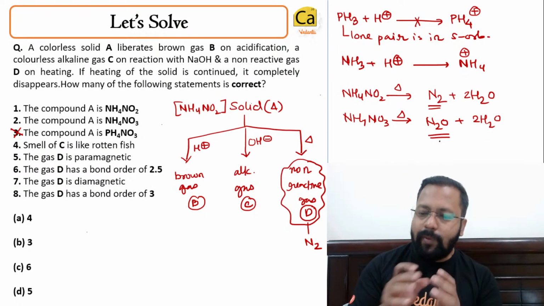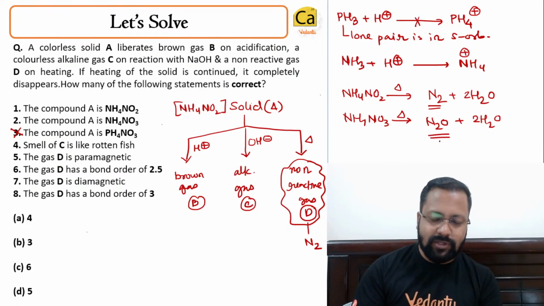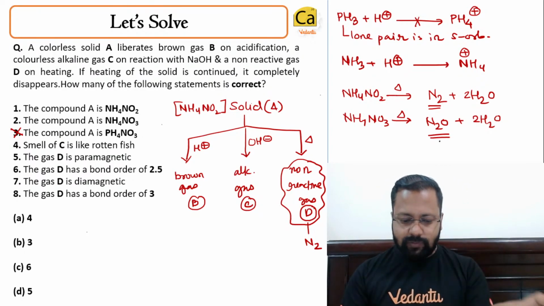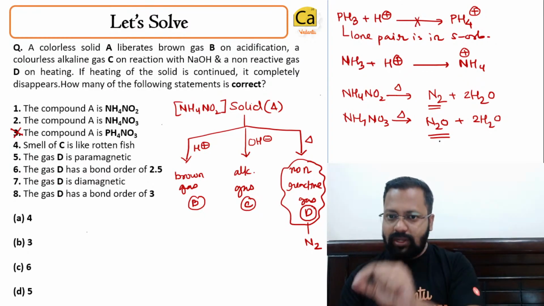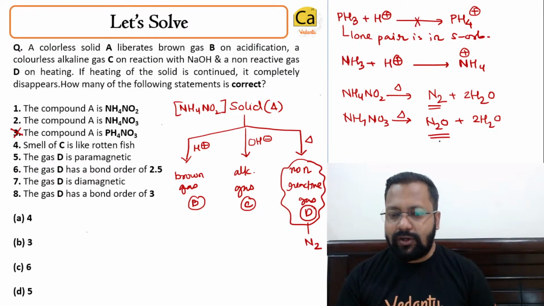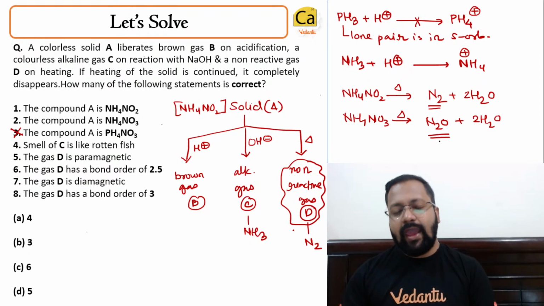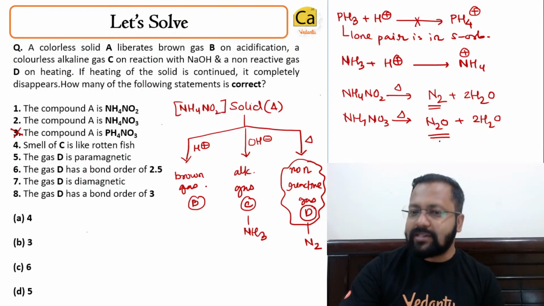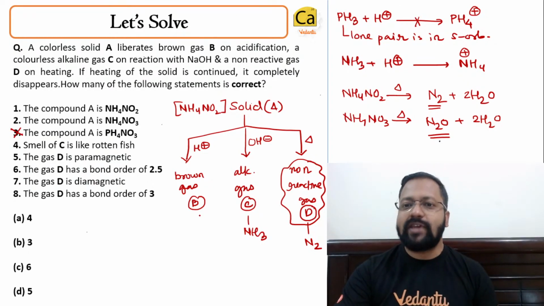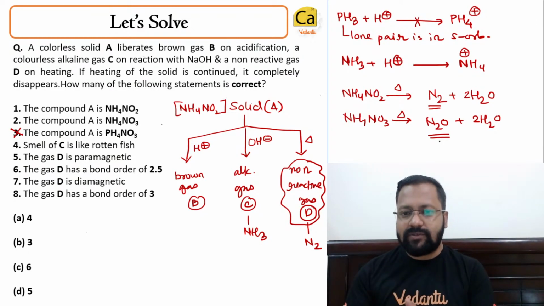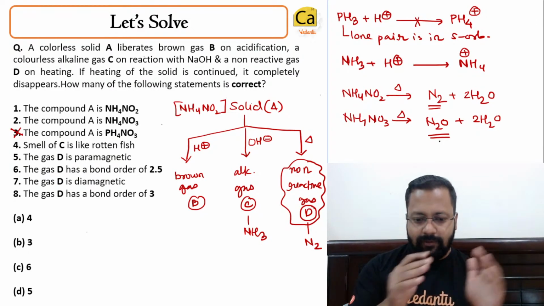Now the moment any ammonium containing substance is treated with OH minus, then OH minus removes H plus from ammonium and converts it into NH3. So alkaline gas is NH3. और H plus डाल के अब ब्राउन गैस आपको मिल रहा है. तो ये बहुत सिंपल सा आइडिया है. नाइट्राइट्स when they react with H plus give rise to nitrous acid.